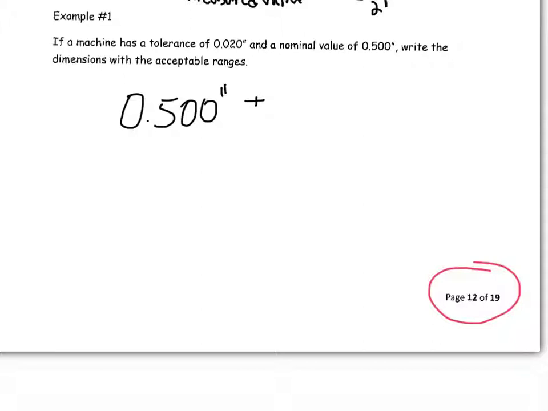But we'll accept plus or minus 0.020 inches. So we'll accept a little bit of variation. Okay, we really want 0.500, but we will accept a little bit of variation to the tune of plus or minus 0.020. Okay, so what's the minimum we'll accept?